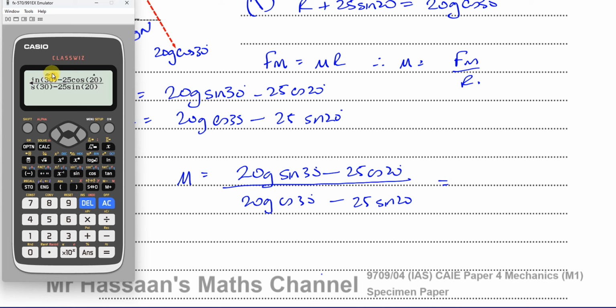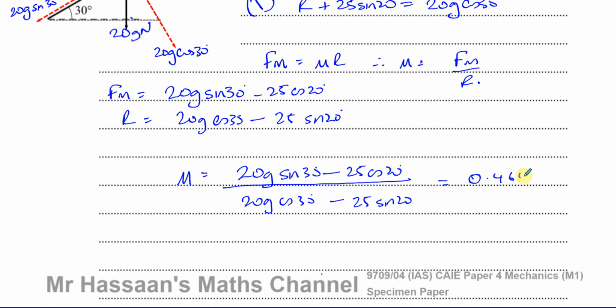Make sure we're in degree mode. We are. Equals 0.464655, which continues on. So therefore we can say mu to 3 significant figures, as we should round our answers, is 0.465. Okay, there's the answer.